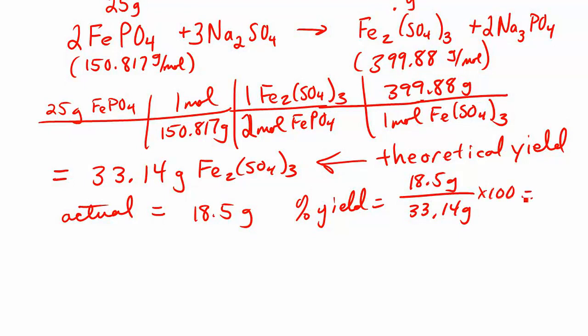So I'm getting about 56% on that. Not a great percent yield, but it would depend on the process as to whether that would be something we would be pleased with or not.